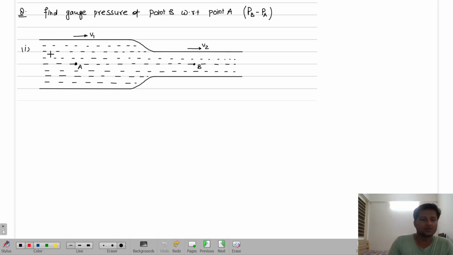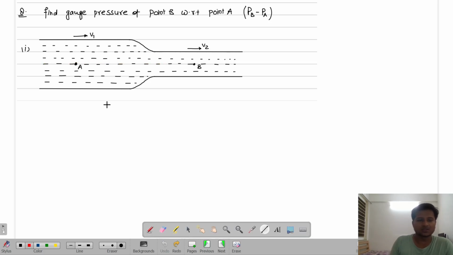How to do it? Simple. First, consider a reference line because you will require it for your potential calculations, isn't it? Then mark the 2 points. This is A. This is B. Now, whatever ideal fluid is there, I can apply Bernoulli's equation at these 2 points.